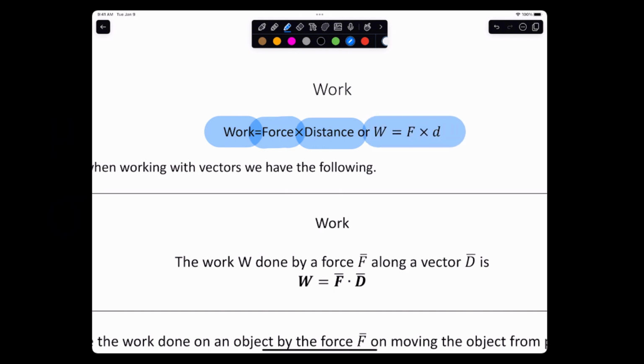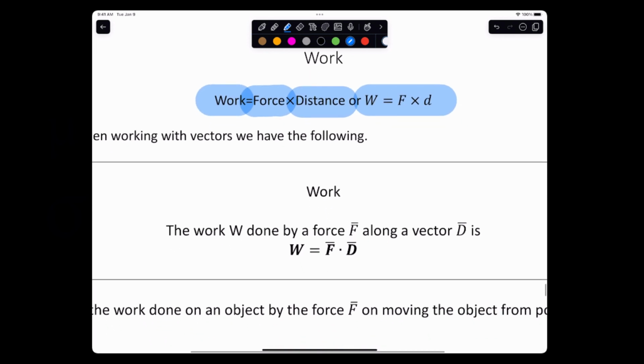So it's really force times the distance an object has moved will be your work. Okay, so it's a product. This is an application of science.